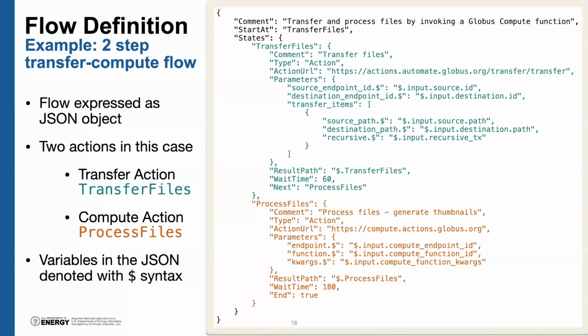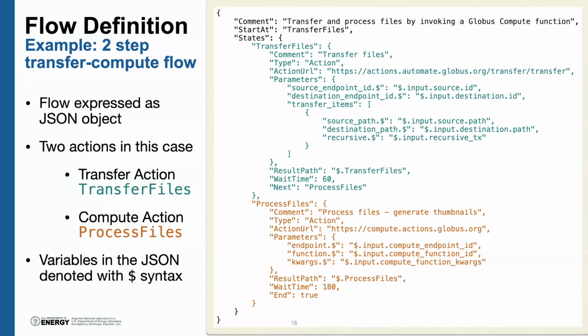Okay, so what does the definition of a flow look like? They can be quite complex, and I don't want to spend too much time on this, but this is a very basic example of a two-step flow that does a transfer action and then a compute action.